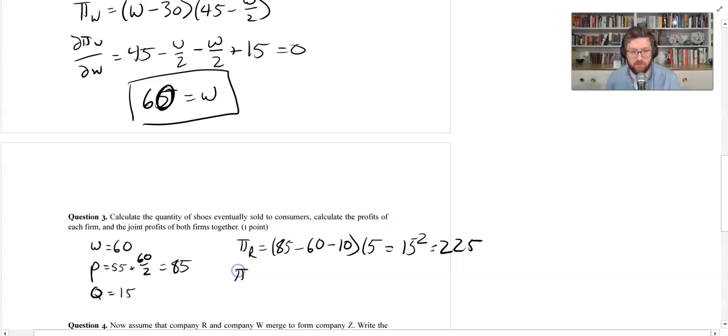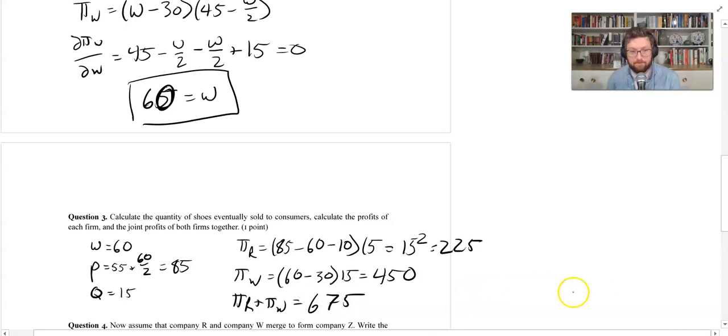And then the wholesaler earns 60 on each unit sold. He has costs of 30, and there's 15 units sold. So this is 30 times 15, or 450. And then their joint profits, if we add everybody together, are 450 plus 225, or 675.